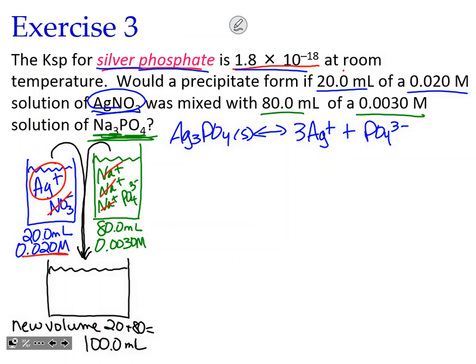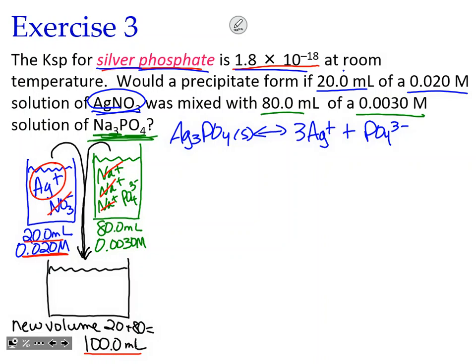But now that we've dumped it in with 100 total, we have to figure out that new initial molarity. How do we do that if we have a volume, a molarity, and another volume? What equation do we need to use? Yes, M1V1 equals M2V2.